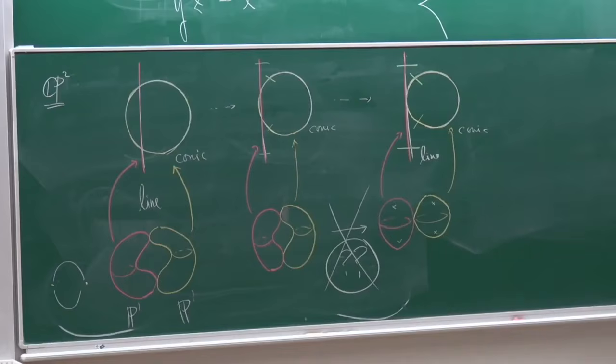Is it clear? So I have here CP2, and then inside, I put 4 codimension 2 surfaces, but just a piece of surfaces.